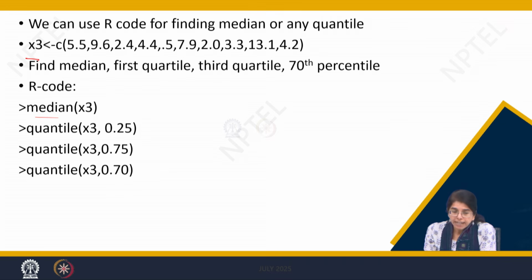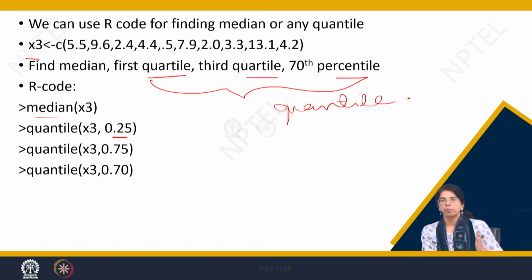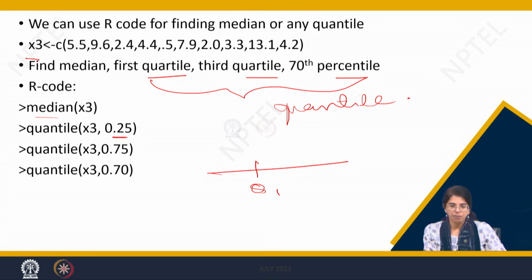But for quartile, third quartile, percentile, whatsoever, these are all under the banner of quantile. So, you have to mention the proportion, the proportion below. Clear? If it is the first quartile Q1, the proportion below the first quartile.